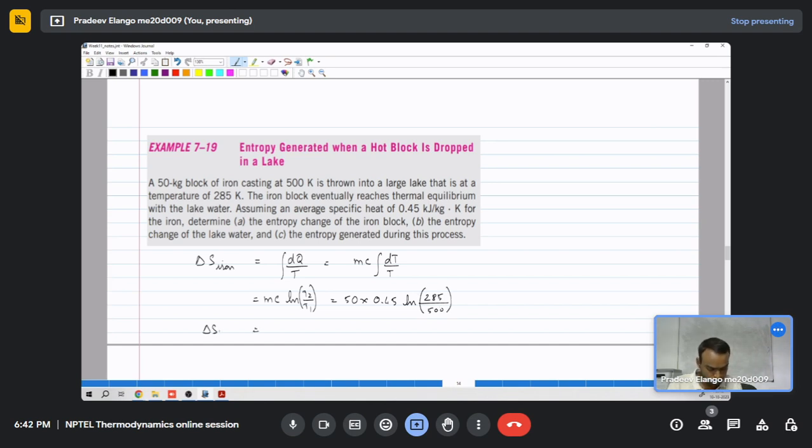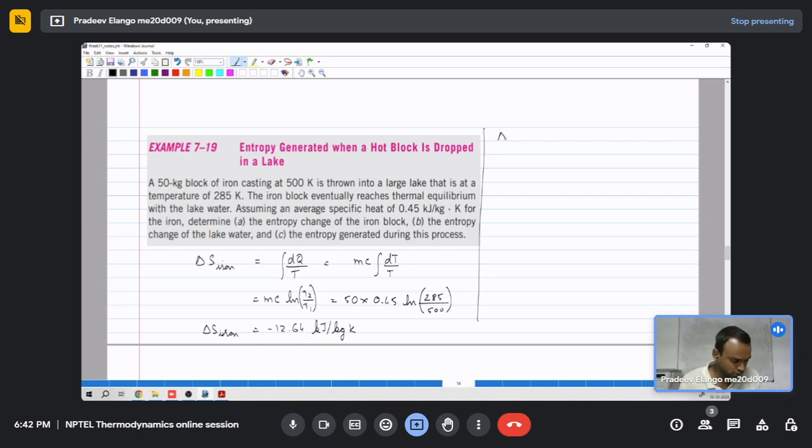We calculate the entropy change. Sir, it is minus 12.64 kilojoules per Kelvin.